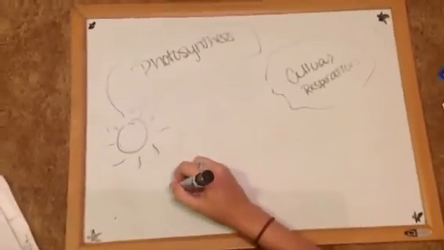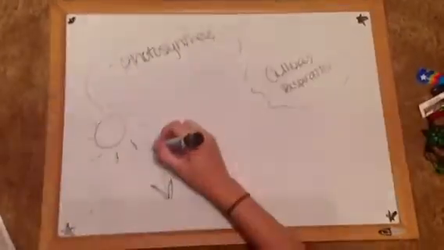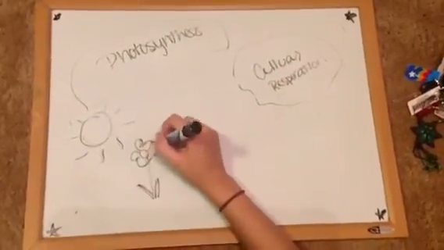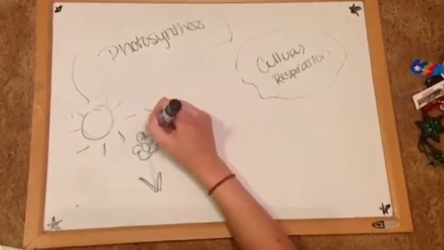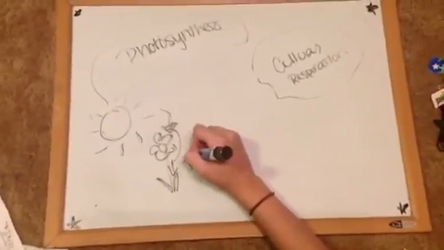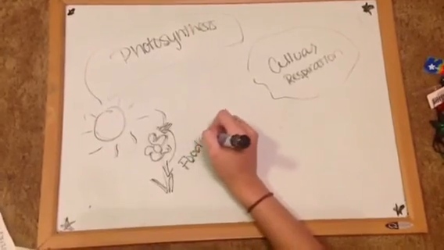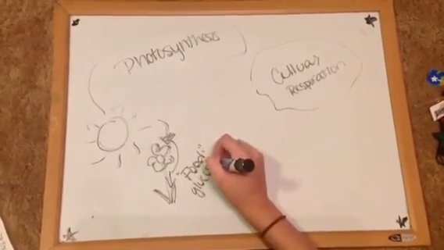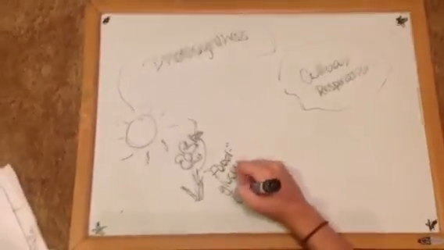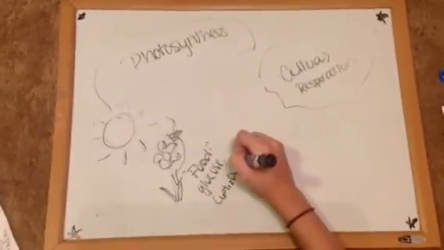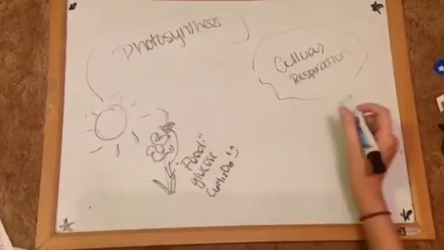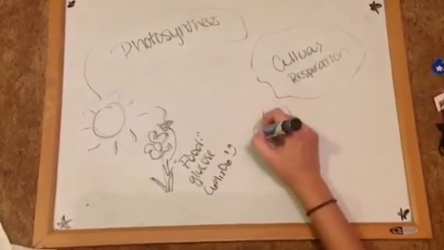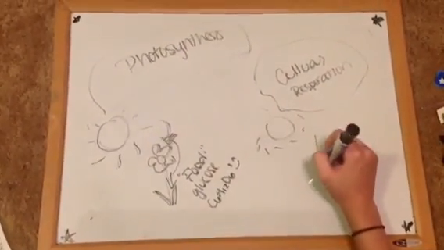Another important thing the plant cell does is photosynthesis. Since plants are autotrophic, which means that they make their own food, they photosynthesize. It takes carbon dioxide and water and rearranges it to make glucose, which is C6H12O6.